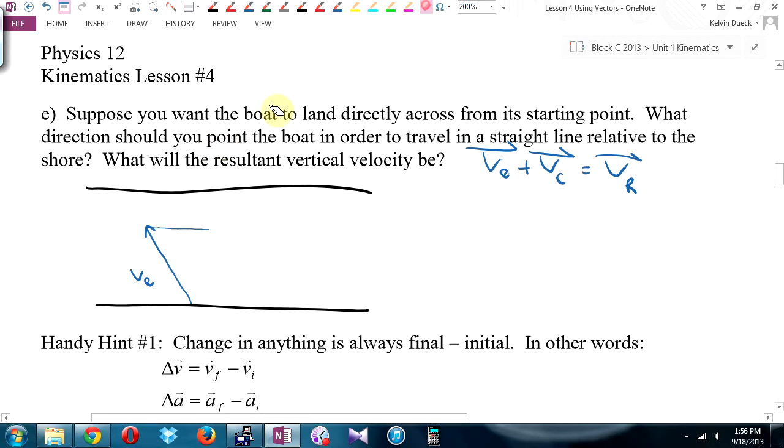Back a bit? How do you know, Aaron? Well, here's what it says. I know the resultant. The resultant is supposed to be in a straight line up. So even though I don't know how big the resultant is, I know what it's supposed to look like. It's supposed to be slanty plus current gives me straight up.